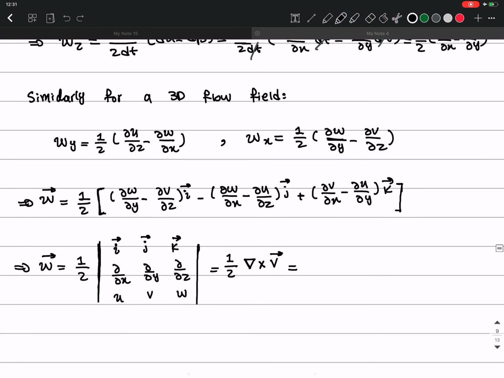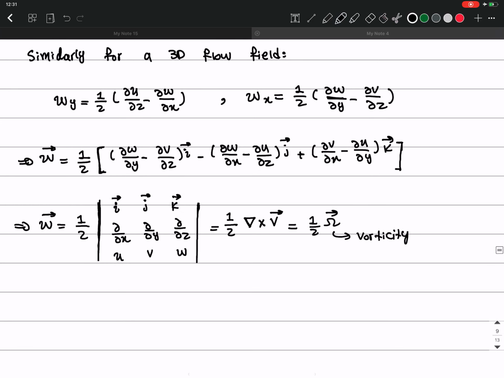It is vorticity. So it's 1/2 ω, which is vorticity. We know it as vorticity. So vorticity is just 2 times the rotation. This is a very important formula.